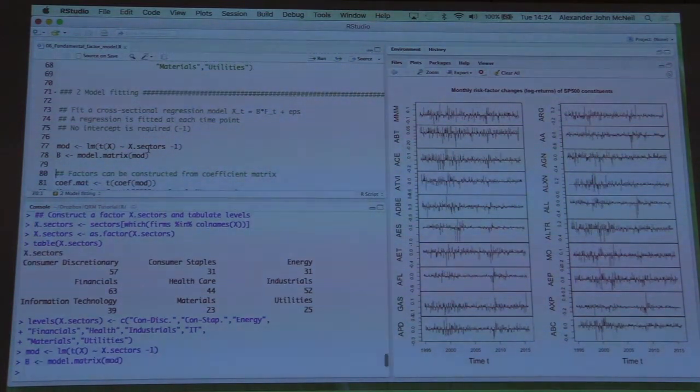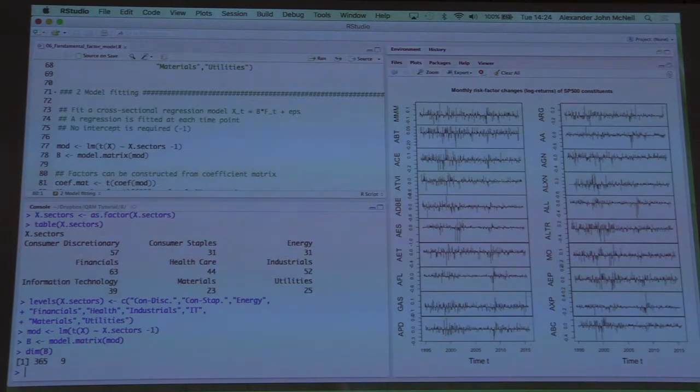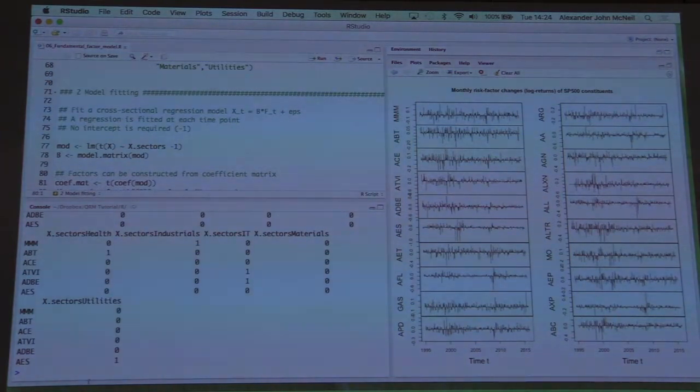And we can have a look at the information that I essentially use. B is the loading matrix. There are 365 rows, 1 for every firm, and there are 9 columns, 1 for every sector. So when you look at this, it is basically a matrix of zeros and ones.